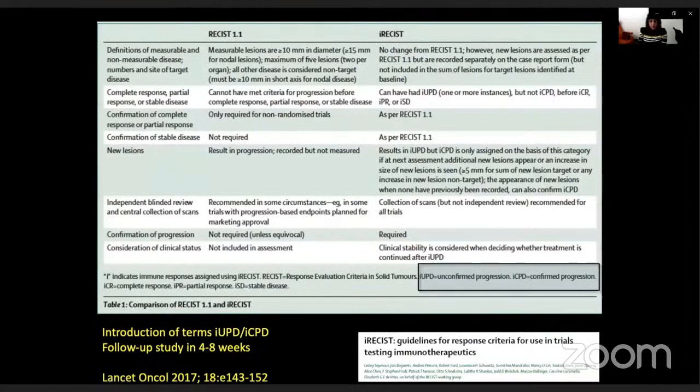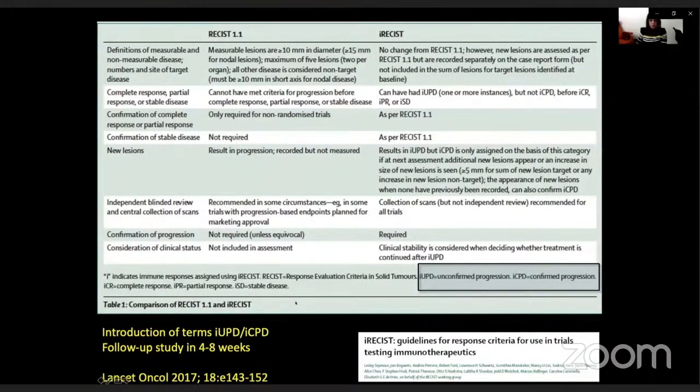Now, in the meantime, several other response criteria are defined, like the iRECIST. iRECIST are comparable to the RECIST. The major difference is the introduction of the term unconfirmed progression and the term confirmed progression.